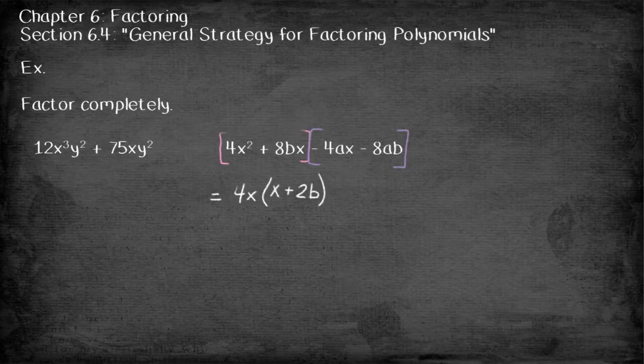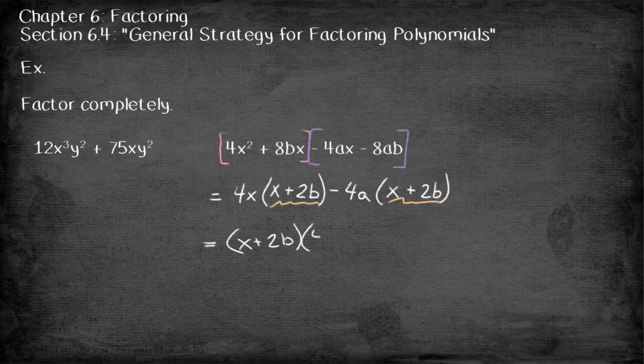And if I factor out negative 4a, I would get x plus 2b again. And hey, we've been here before. We can factor out that x plus 2b, and we're left with x plus 2b times 4x minus 4a.